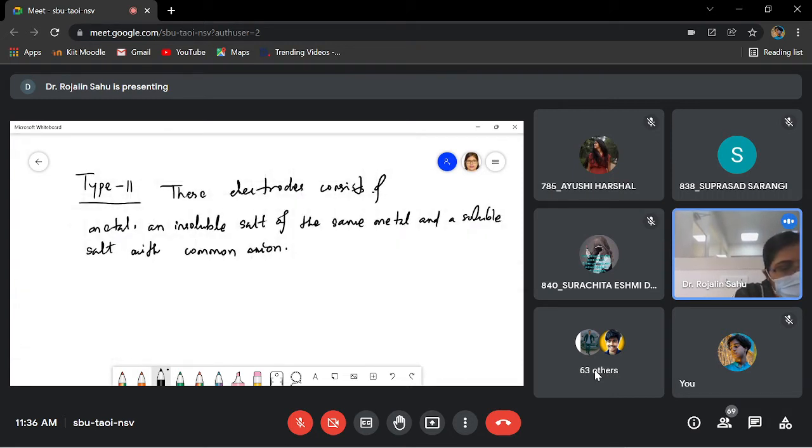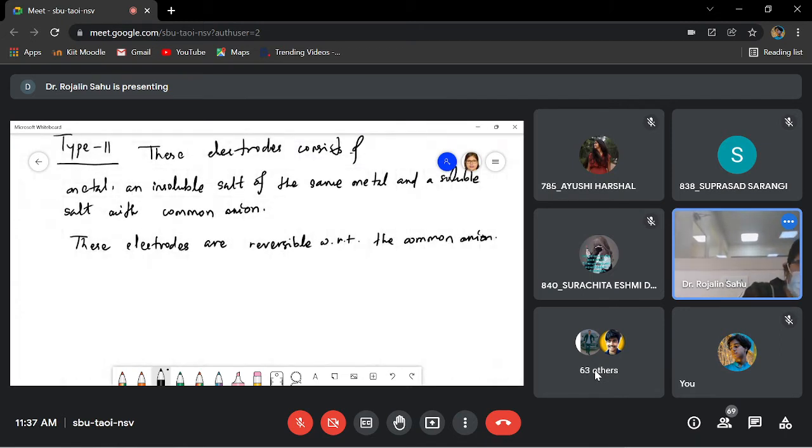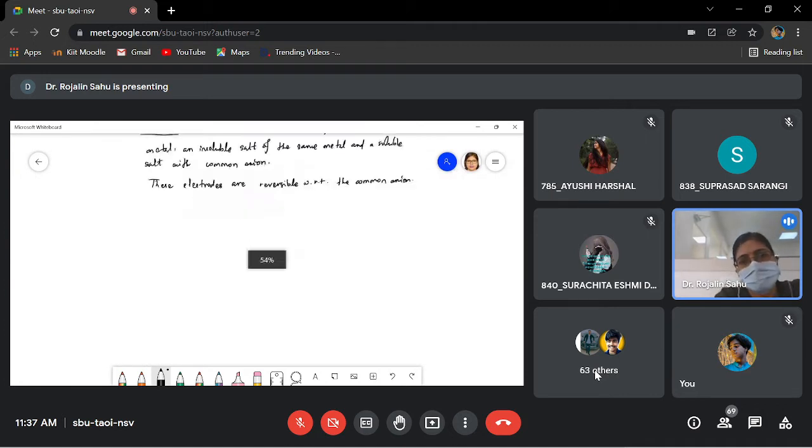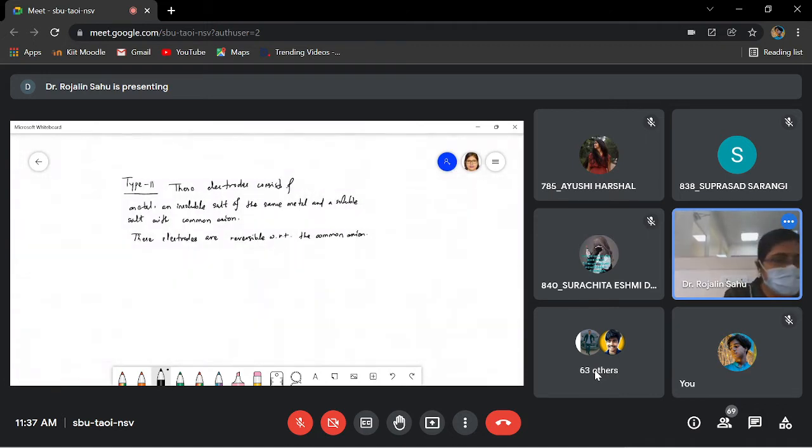So these electrodes are reversible with respect to the common anion. Example, calomel electrode.